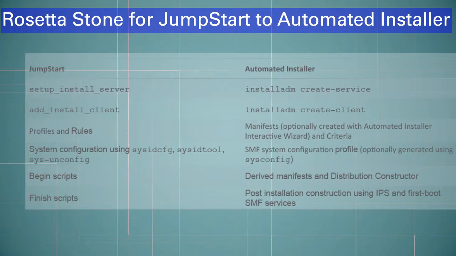This was a very conscious decision during the development of the automated installer, because depending on the order in which that script was run, you may have a completely different end result. So we really wanted to make it a little bit more reliable, a little bit more repeatable. Now you can still do configuration scripting, but it happens after the initial installation is done, through a series of post-install SMF services that you can easily create and associate with your clients.